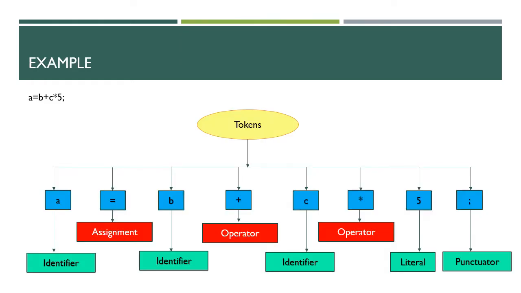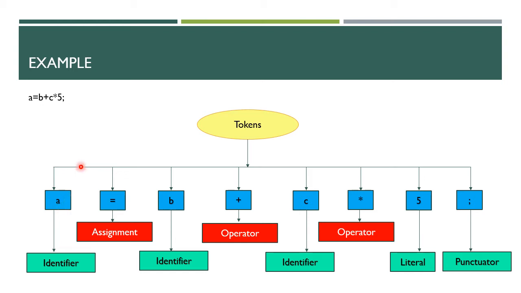Here first let us consider the example. Okay, a = b + c * 5. In this small executable statement, let us find out what kind of tokens we have in this expression. See here, a, usually you'll be writing in your program, like while declaring the variables, you'll be writing int a, b, c, right?